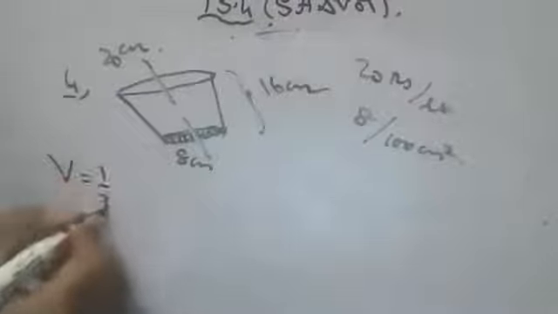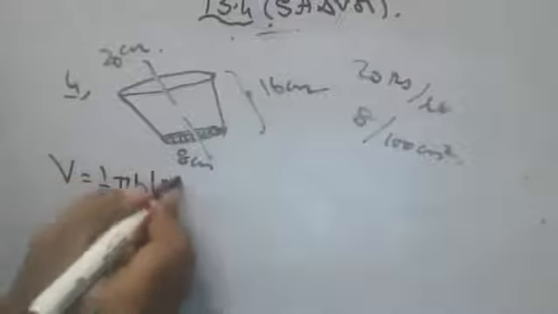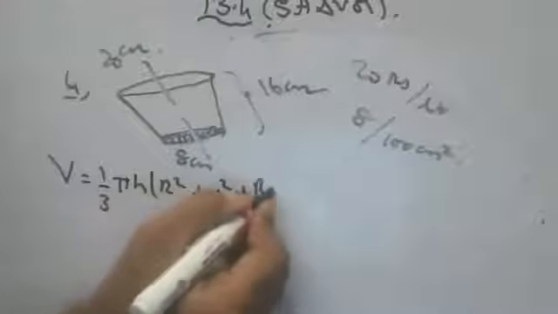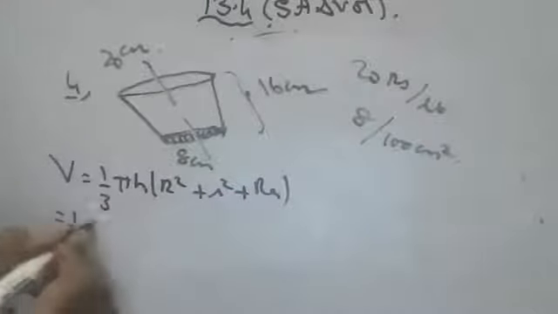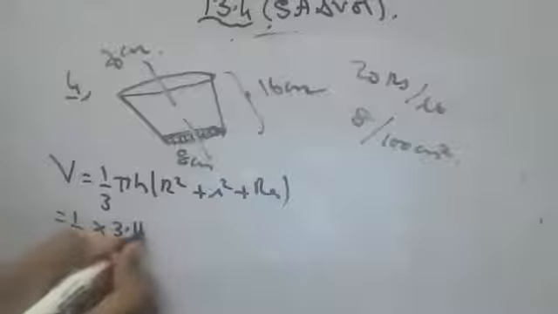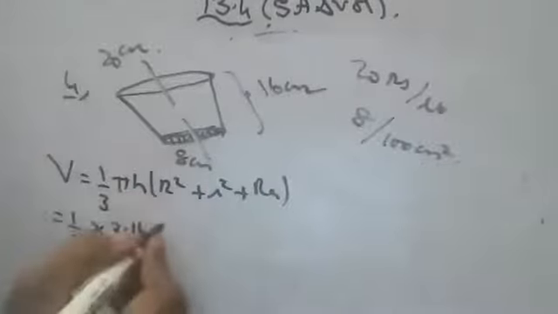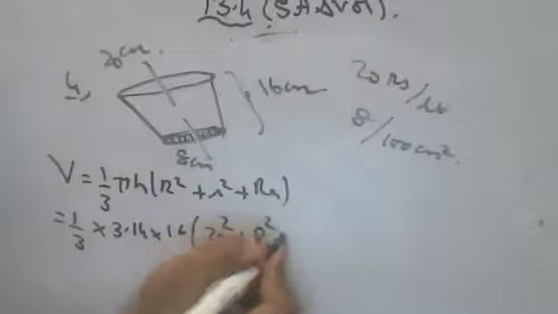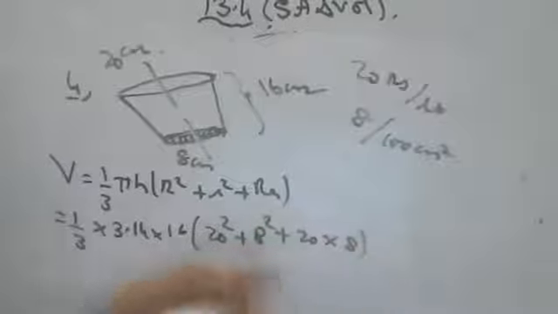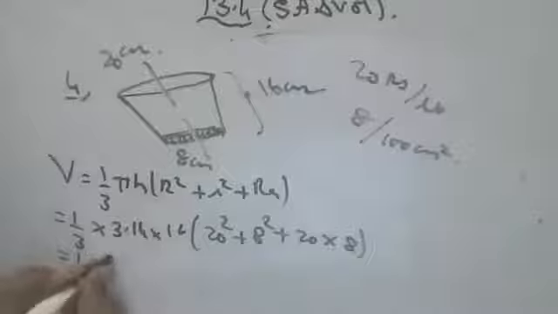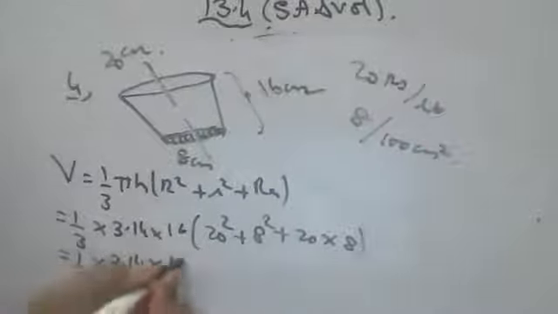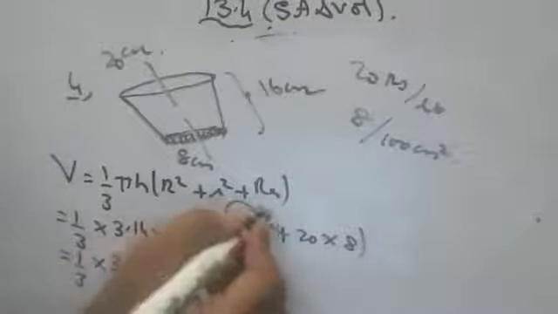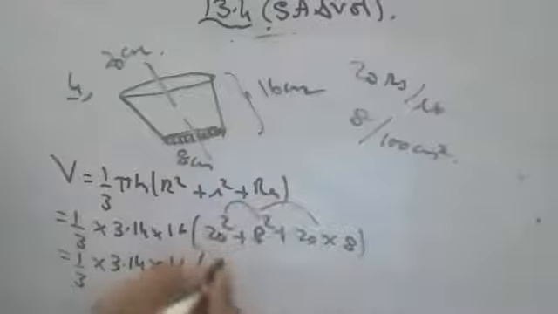Volume is equal to 1 by 3 pi h, big R square plus small r square plus big R into small r. So 1 by 3 into 3.14, into 16. Big R square is 20 square plus 8 square plus 20 into 8. So 1 by 3 into 3.14 into 16 into 400 plus 64 plus 160.